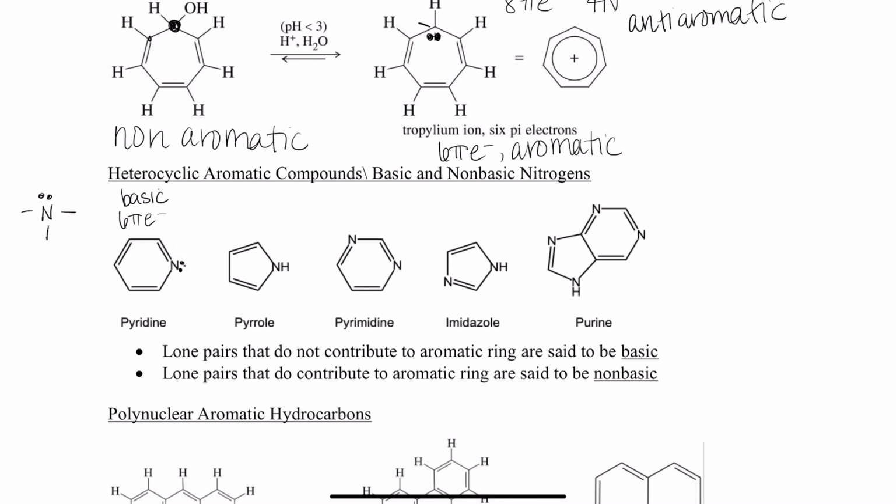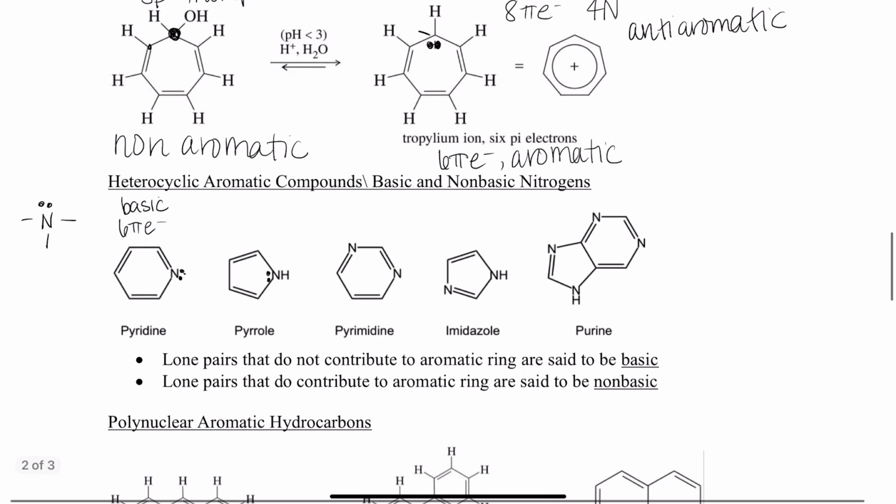However, if we look at pyrrole, this nitrogen is also making 3 bonds, 1, 2, 3 with that hydrogen. However, our lone pair is going to be participating in the ring. So whenever we count our pi electrons, we would have 2, 4, and 6 right here, because this lone pair is actually going to be in an unhybridized p orbital.